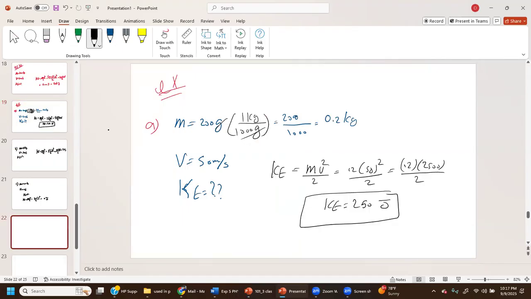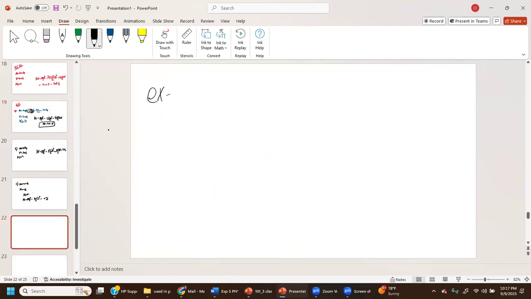So this is going to be example 3.4.1. Your mass in this case is 0.6 kilograms. Your velocity is 4 meters per second.